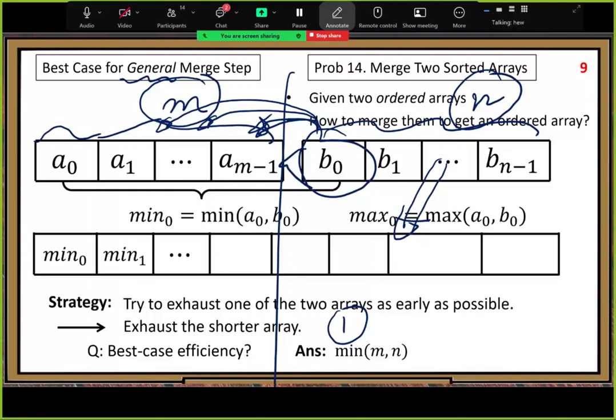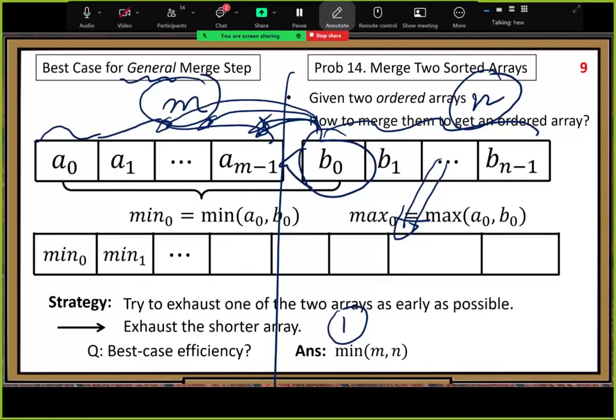Last first, first last. That's pretty interesting. Just to let you know, when we answer our homework questions, we use this standard merge step operation.